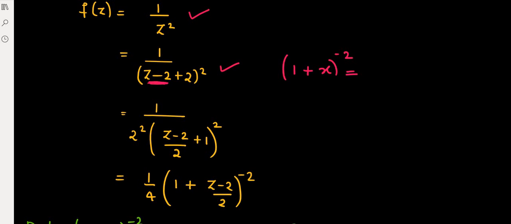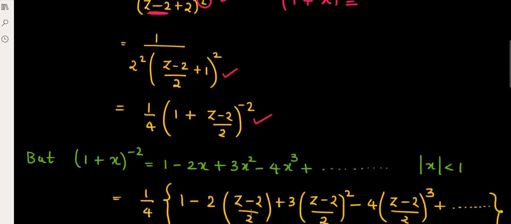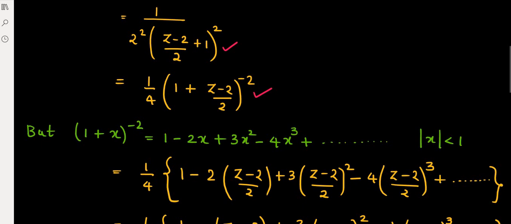I am taking 2 as common factor. So when you take 2 as common factor, since we have the power as 2, it becomes 2^2. And after taking the common factor and bringing this term to the numerator, you will be left with this expression. Now you can make use of the expansion (1 + x)^-2, which is 1 - 2x + 3x^2 - 4x^3 + etc., to expand this particular series.